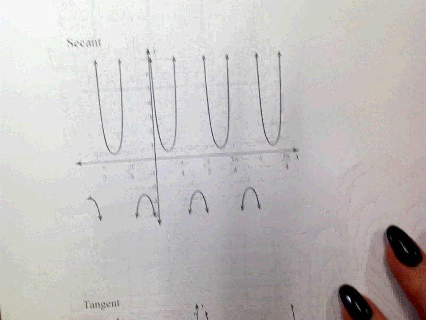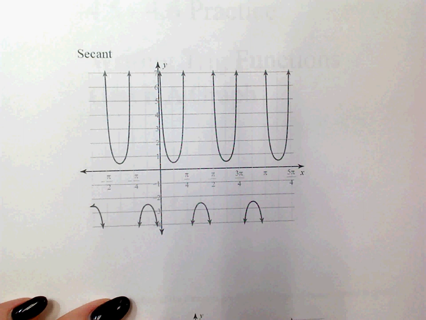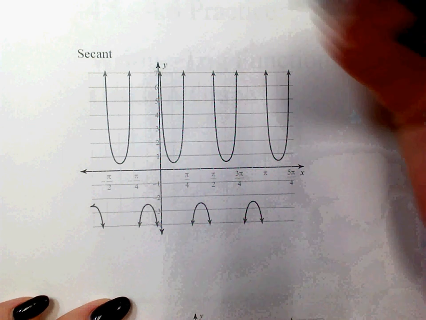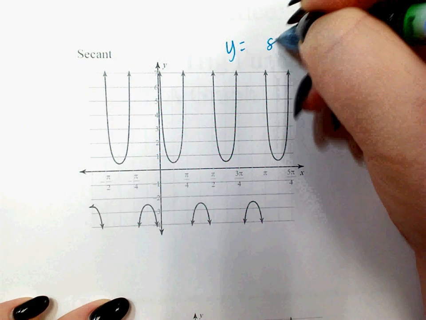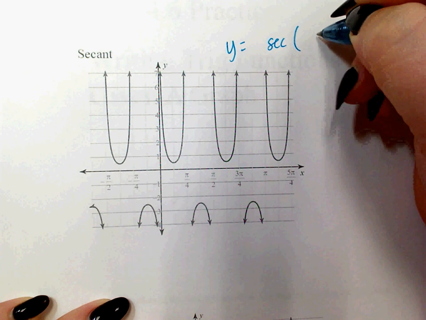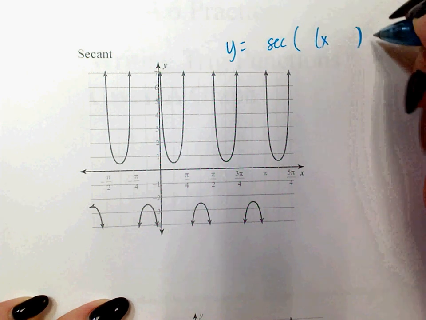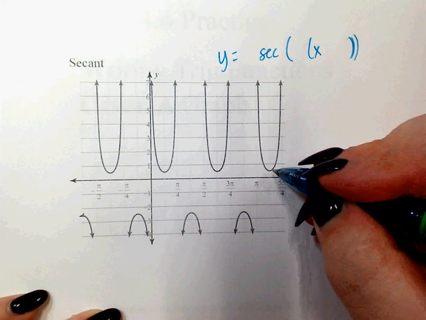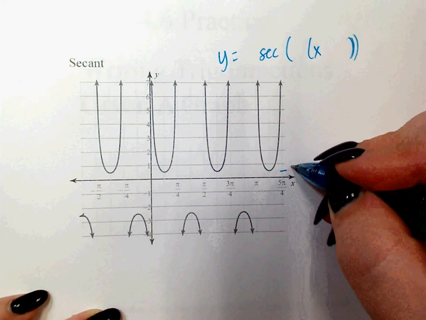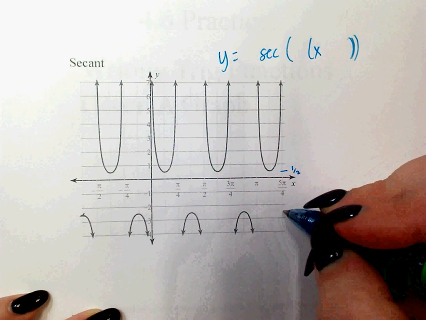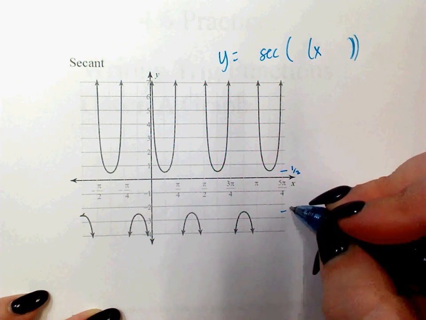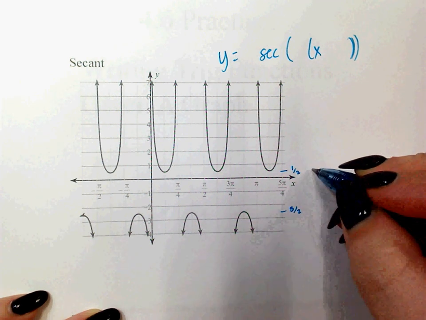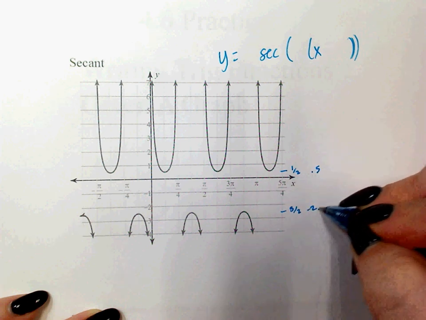The second one is going to be a secant wave. So I'm going to write y equals secant x. I'm looking at this, and I see that it goes up to a half and down to -5 halves, so 0.5 and -2.5.